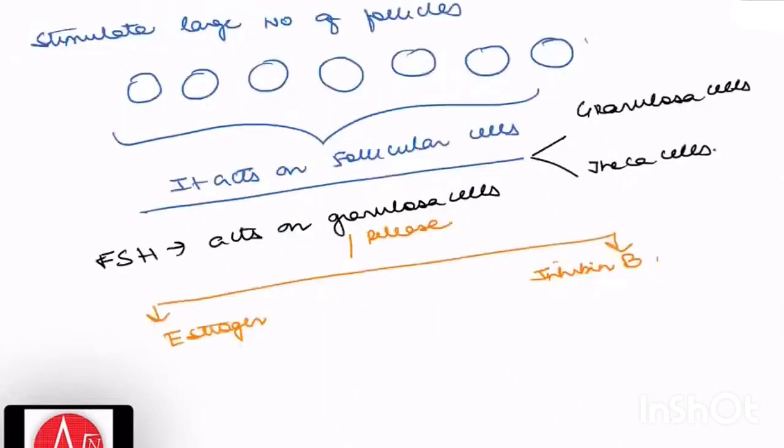This FSH stimulates a large number of follicles, and उनके follicular cells को वो convert करा देता है into granulosa cells and theca cells. And from granulosa cells, two hormones are released, estrogen and inhibin B.